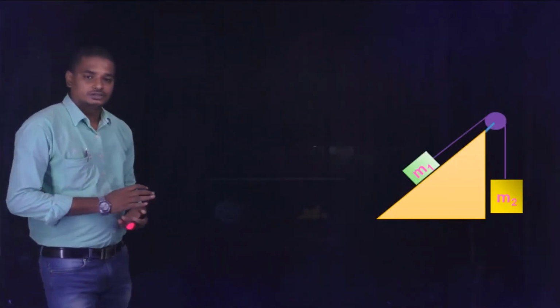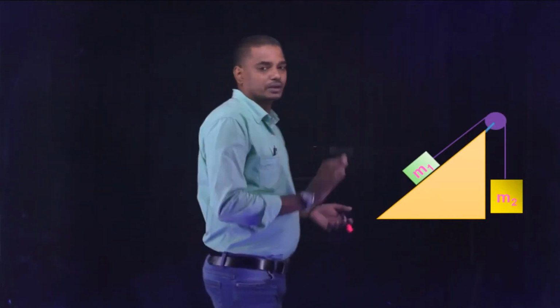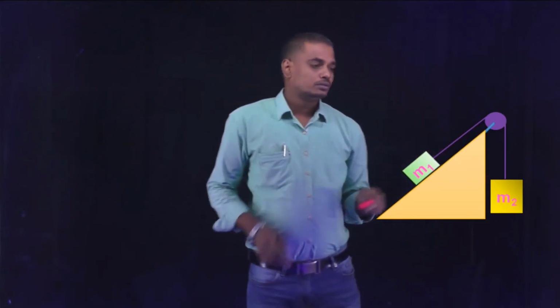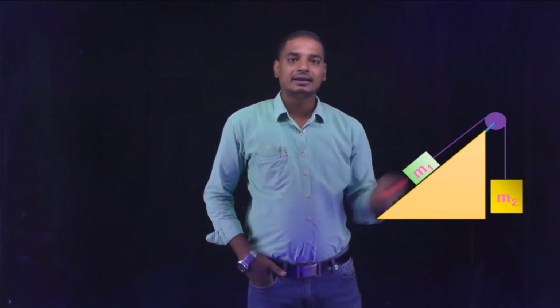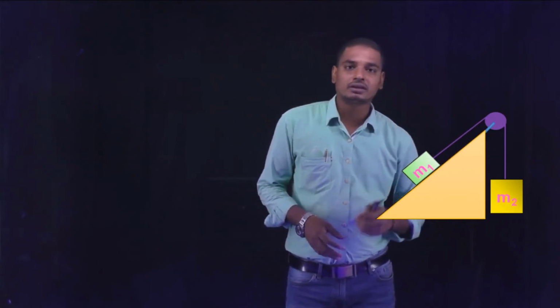Okay students, now let us solve problems when they are given in this manner. Here there are two pulleys, but one of the pulleys is on an inclined plane, with the angle of inclination theta. Let it be a smooth inclined plane.